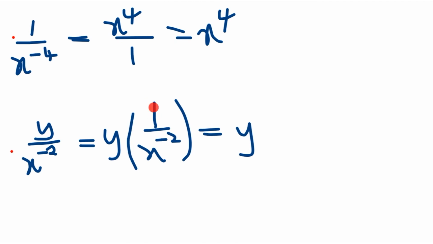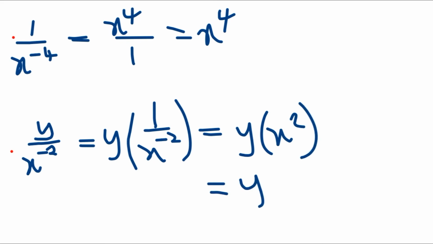And when you take 1 and bring it down to the denominator, you will just remain with x to the power of 2 there. So your final answer will be y times x to the power of 2.